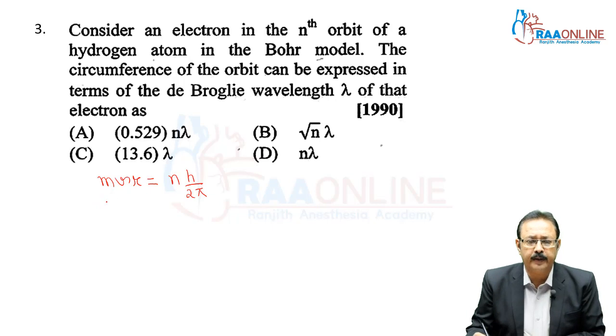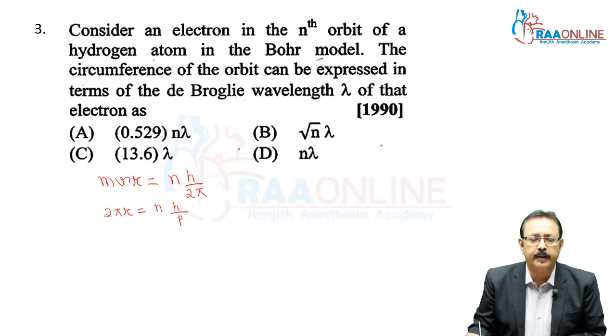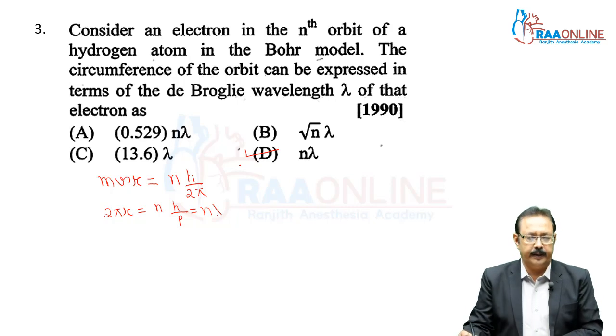And what is circumference? Circumference is 2 pi r. Take 2 pi on this side. So, 2 pi r is equal to n h upon mv. mv means momentum and h upon p is lambda. So, what we are getting? 2 pi r is equal to n lambda. So, we will go with option D.